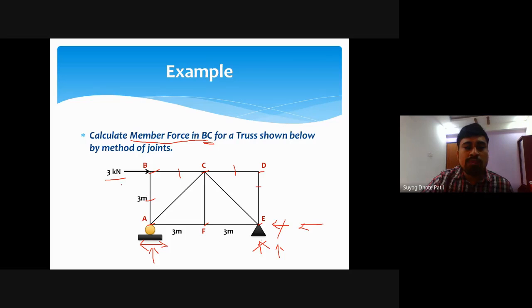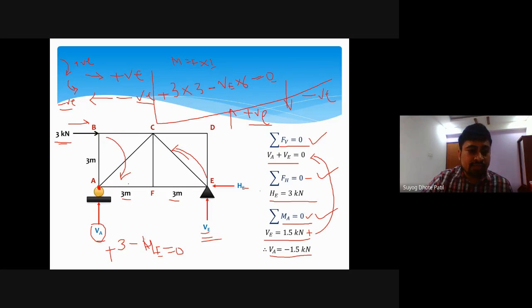All the members have some forces, although some members have zero forces or null forces, we can say. But we have to find those forces that have values, and those forces that have zero value. So for that scenario we have to consider a number of joints. But what will be the first joint?